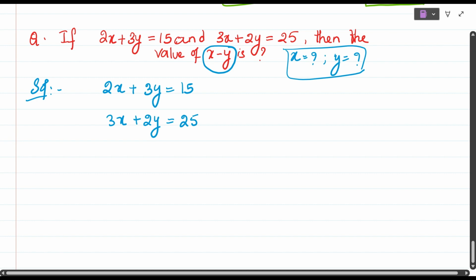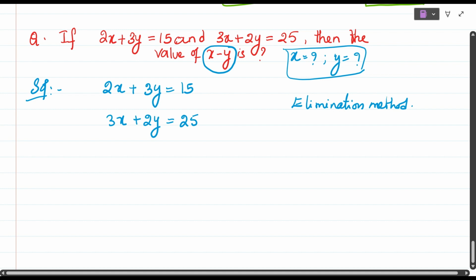So what I am going to do here is, I am going to equalize the coefficients of x in both the equations. That is elimination method I am doing here. Right? Elimination method. Okay. So what I am going to do here?